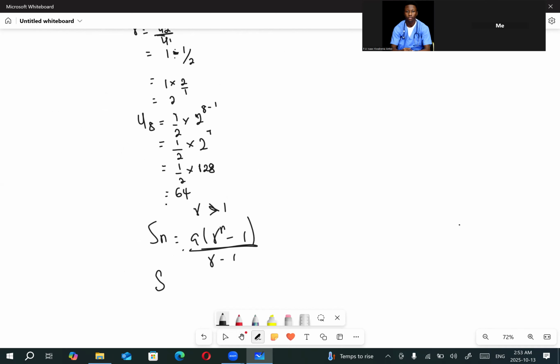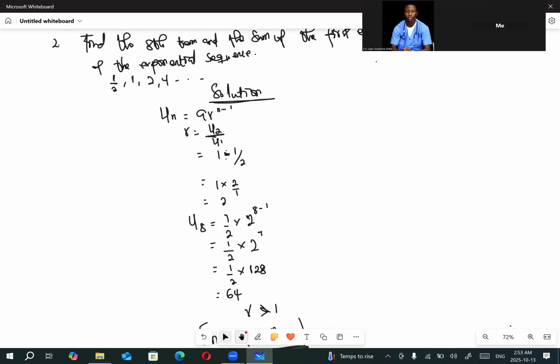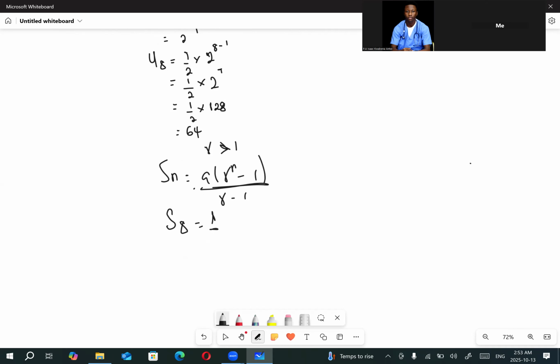So S8 will be equal to the first term, which was half, if you check. So that'll be half into bracket, r is 2 exponent n minus 1. No, n now is 8, sorry. All over 2 minus 1.